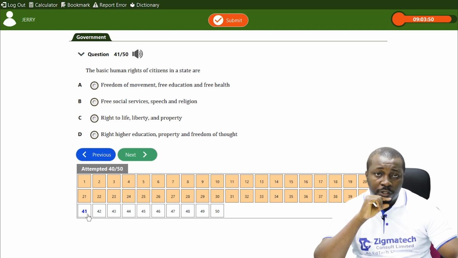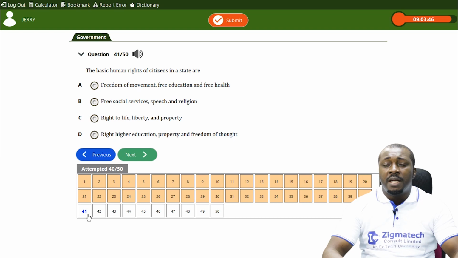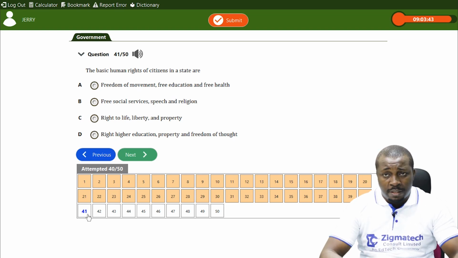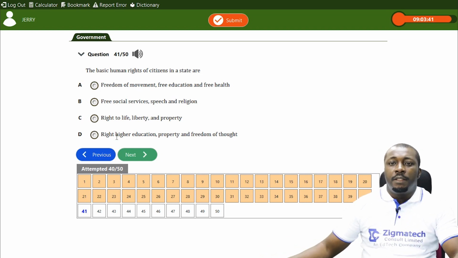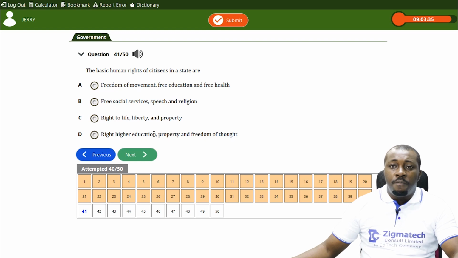Of course, free social services is not basic because even social services, the government can charge at subsidized rate. Now, C says right to life, liberty, and property. D says right to higher education. Of course, you pay to go to higher education, so it's not a basic right.